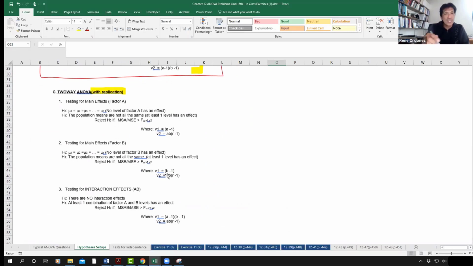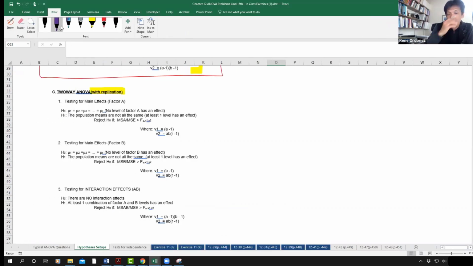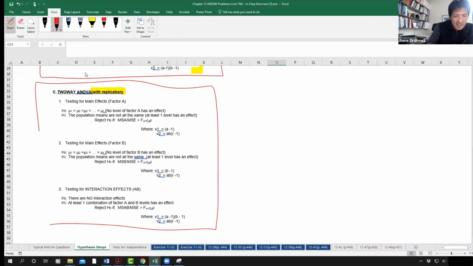In this 3rd set, we use this if we want to see if you combine a particular level of factor A and B, does that produce a result that is different from what you would expect if you took factor A or factor B separately?